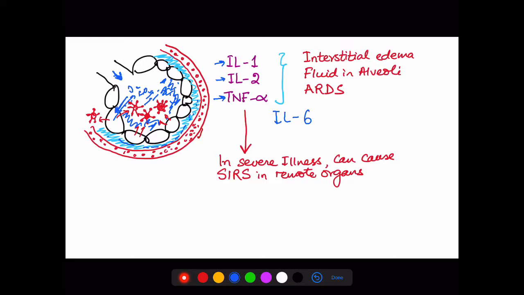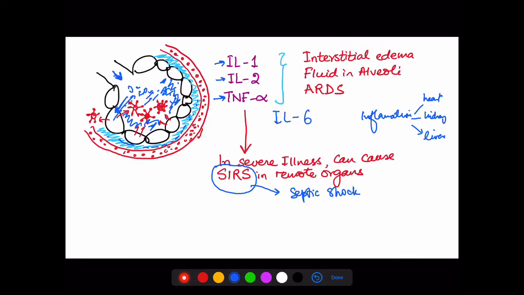That is, it can cause inflammation in the heart, the kidneys, and the liver, and this is what we call the systemic inflammatory response syndrome, which ultimately ends up in septic shock. So the person would be tachycardic, would have low BP, and would eventually go into multi-organ failure, which is the number one cause of death in these persons.